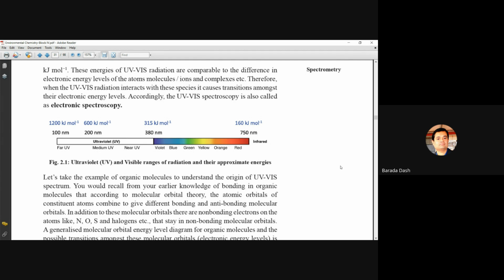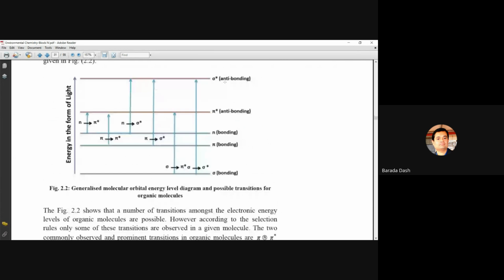The visible region has a lower energy than UV radiation, because as the wavelength increases, the energy associated with the EMR, electromagnetic radiation, is inversely proportional to its wavelength.